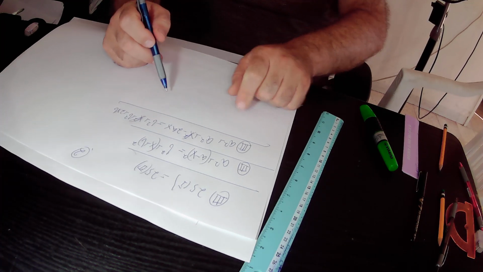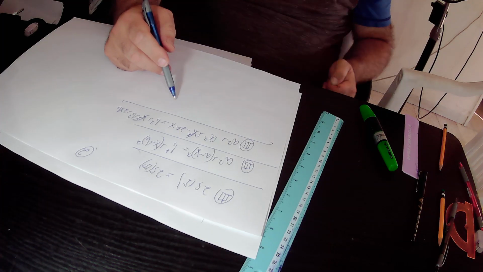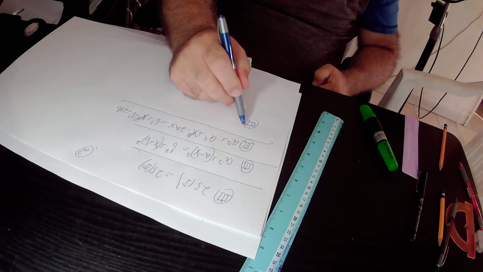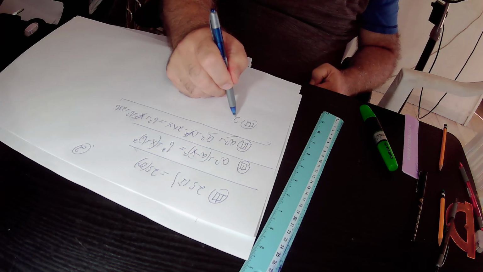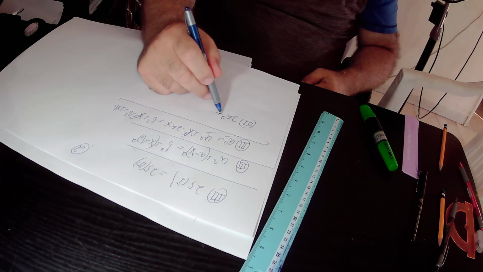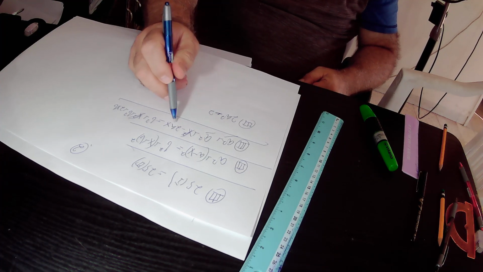After you cancel X squared, on this side of equation 3 we have A squared plus A squared, which is 2A squared, minus 2AX.